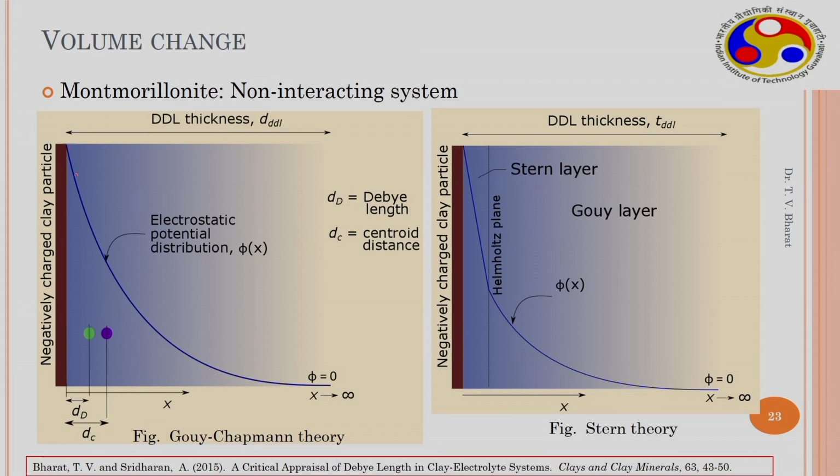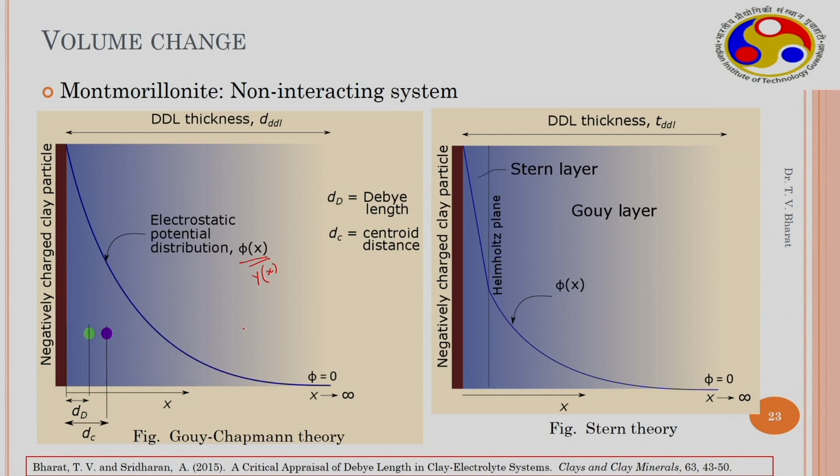So, the potential distribution happens around the clay platelet when this is completely saturated. This is the diffuse double layer, or water film, that is formed around individual clay platelet. This is an electrostatic potential distribution phi of x, or in a non-dimensional form it can be written as y of x.